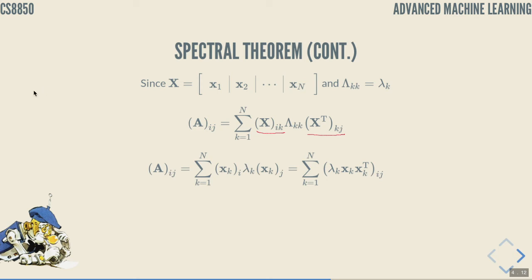Just so you can see what we're doing: we take the first eigenvector, its first element, second element, ith element, or rather, let's call it kth element, up to the nth element.